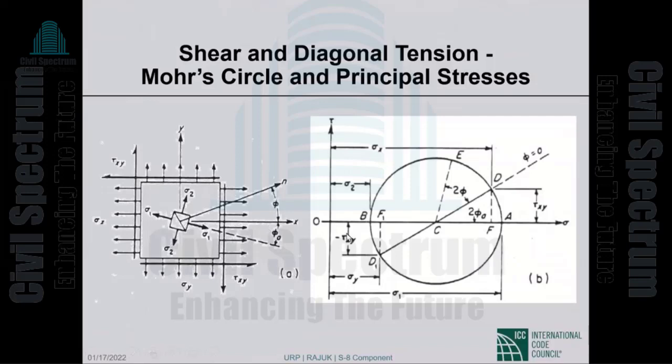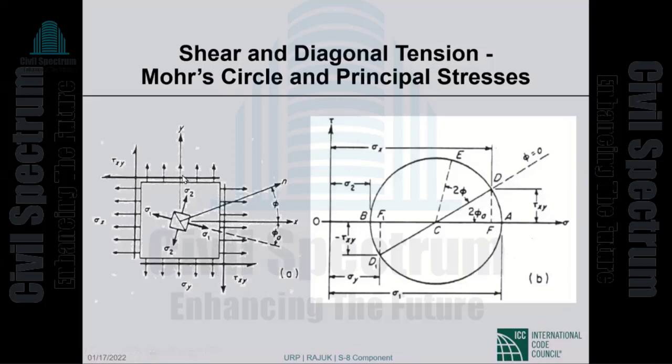Okay, so we plot along the x-axis sigma x, that brings us to point F, and we plot tau xy going up. Let us say this tau on the left and right face is a positive shear, causing clockwise moment.